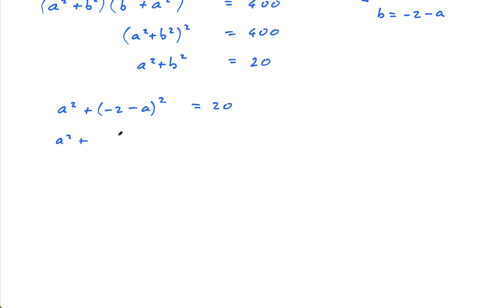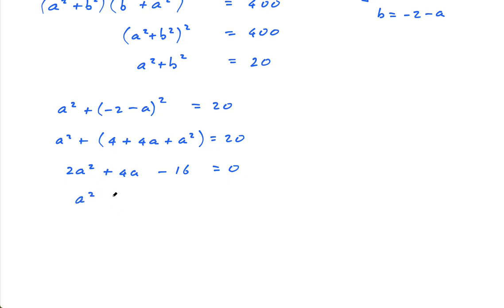A squared plus, this is going to be 4, minus 2 times minus a, which is, or sorry, minus 4. This will be minus 4, or plus, sorry, because minus times minus is plus. This is going to be plus 4a plus a squared equals 20. Add these two here. I have 2a squared plus 4a plus 4 minus 20 is minus 16 equals 0. Divide by 2.